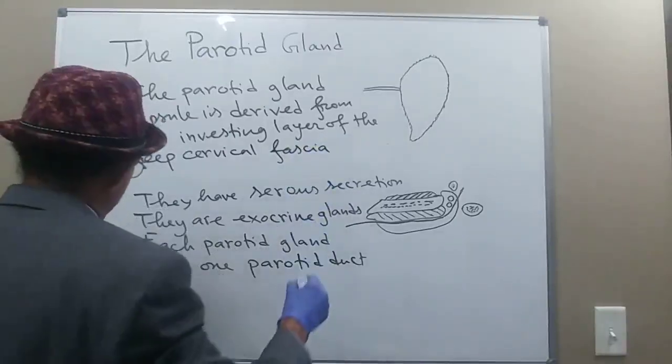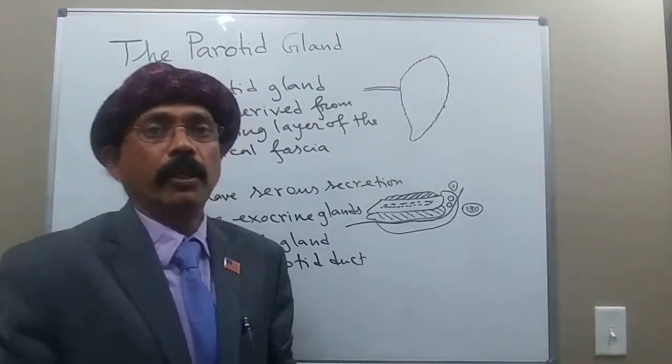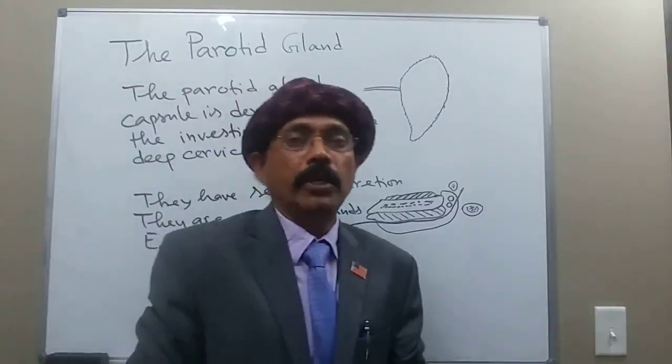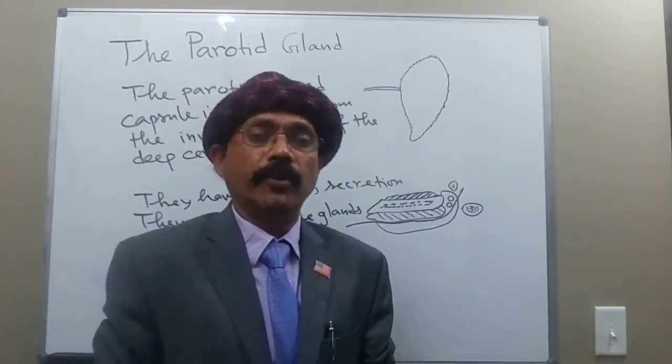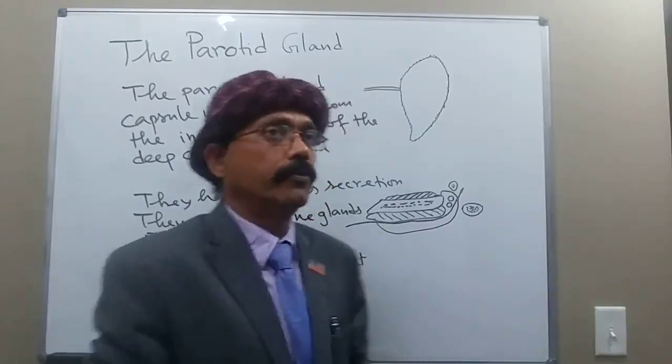We got the idea about this paired salivary gland. The other paired salivary glands are the submandibular glands and the sublingual glands.